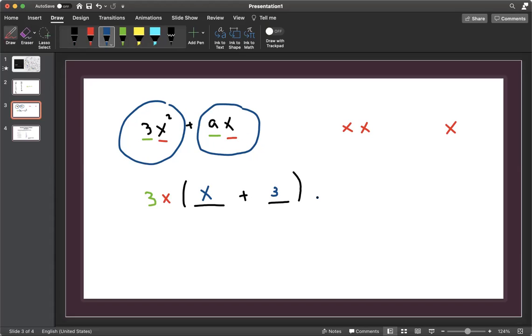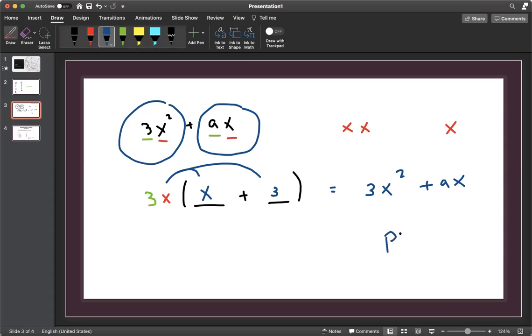So you can think of this as, well, the opposite of distribution. So we are undistributing or doing reverse distribution. Because when we do distribution, we would take this 3x and we would multiply by x, and we would multiply by 3 to get a product of 3x squared plus 9x.